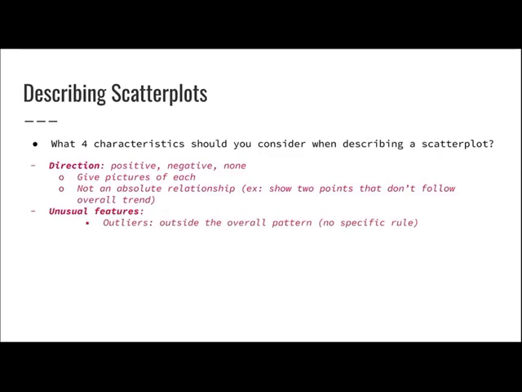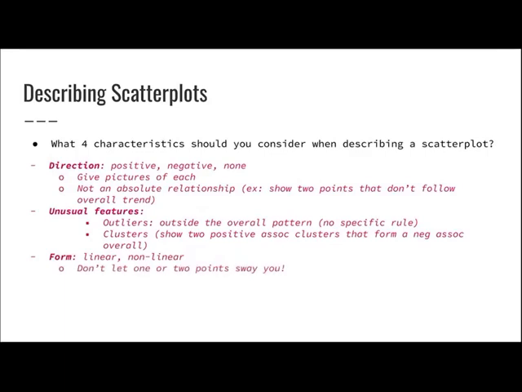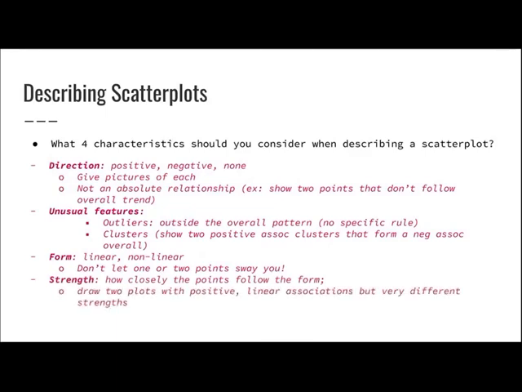And then there are unusual features: outliers, which are outside the overall pattern, and clusters. Form would be linear or nonlinear. And lastly, strength, how closely the points follow the form.